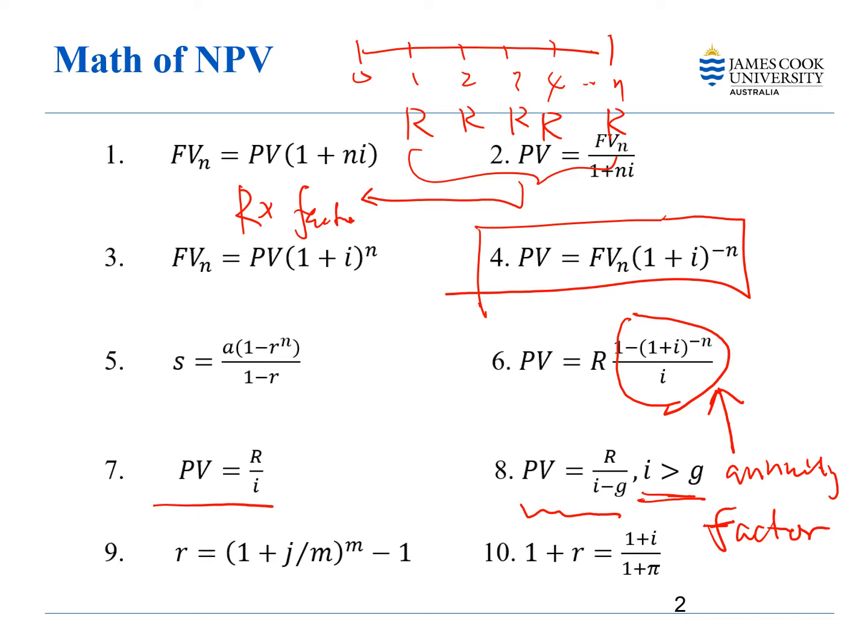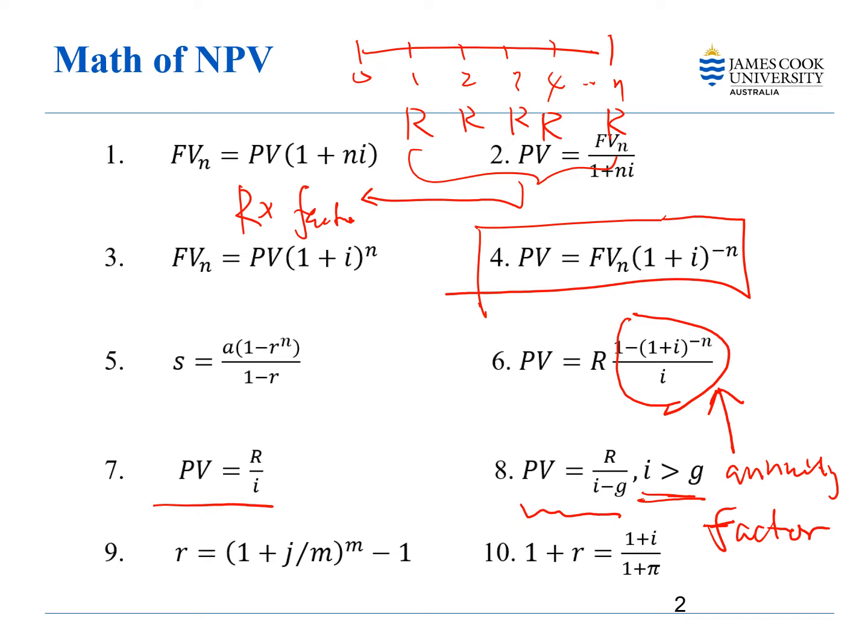It's just R divided by the discount rate, take away the growth rate. In contrast, if the growth rate is higher than the discount rate, then we end up having an infinite number for the present value, or the present value actually explodes.